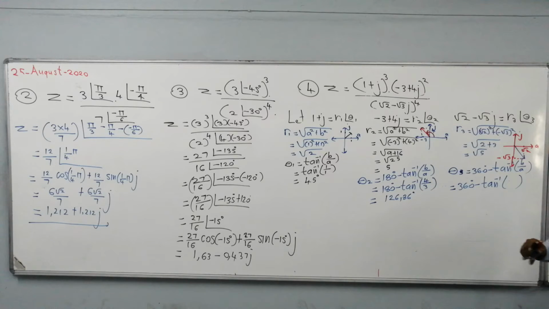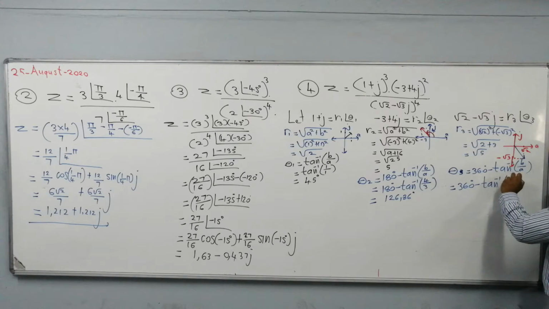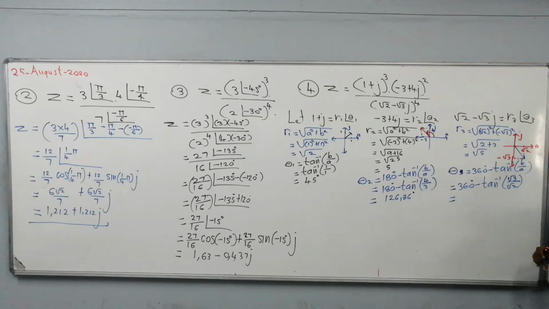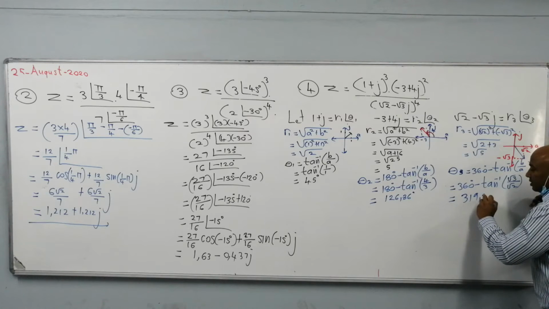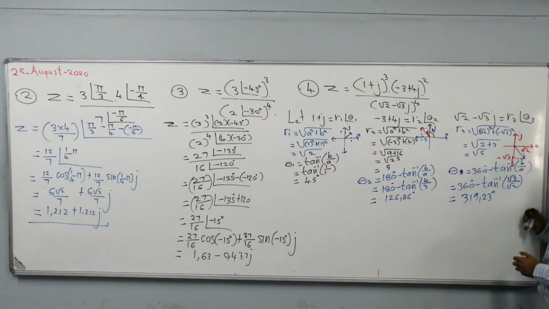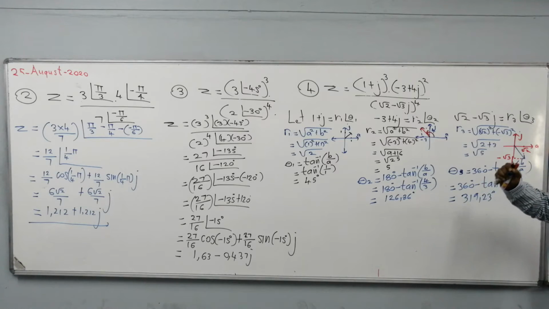I'm ignoring the negatives in the calculator, so that's square root 3 over square root 2. Give me the answer quickly. 319.23 degrees. Nothing difficult here. It's only 180 minus for the second quadrant, 180 plus for the third quadrant, 360 minus for the fourth quadrant. But you have to do it all the time in order to remember.